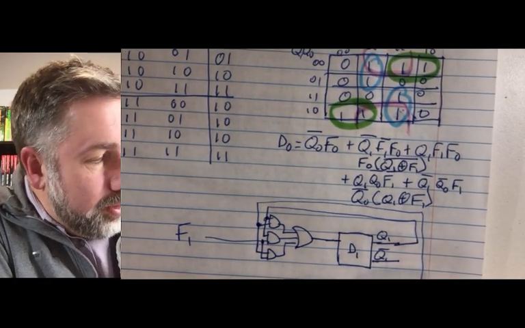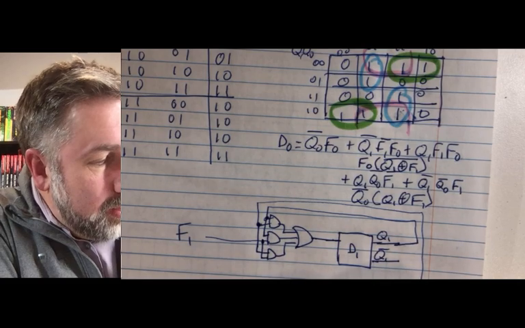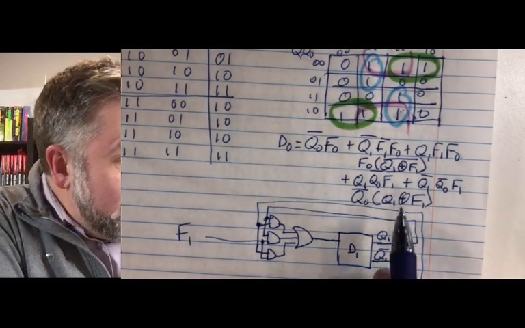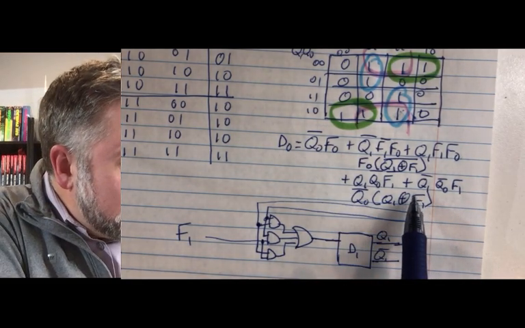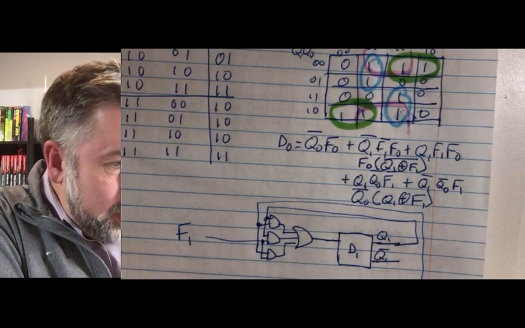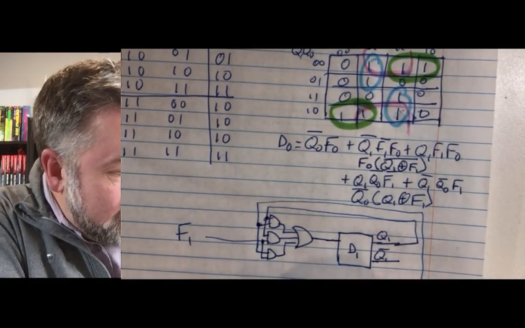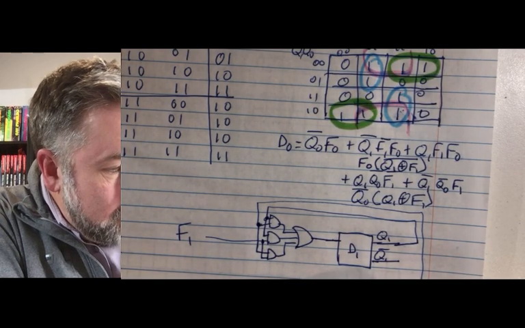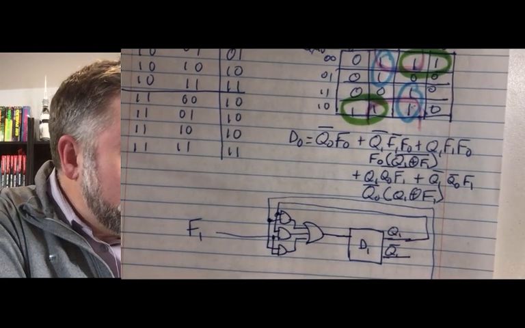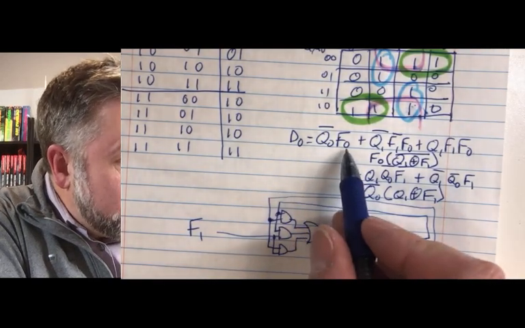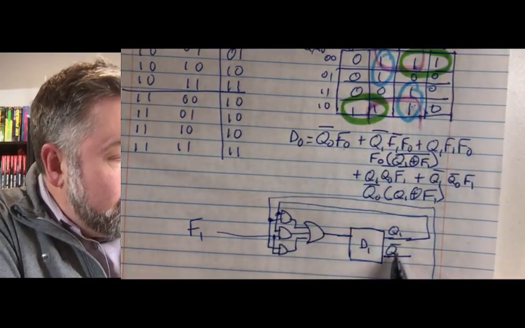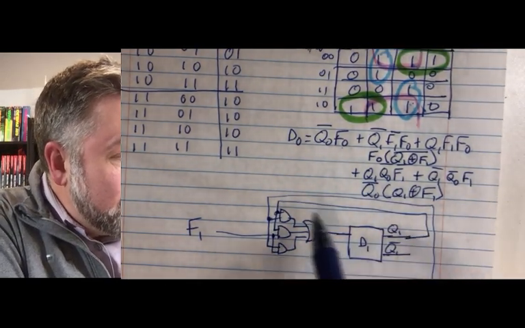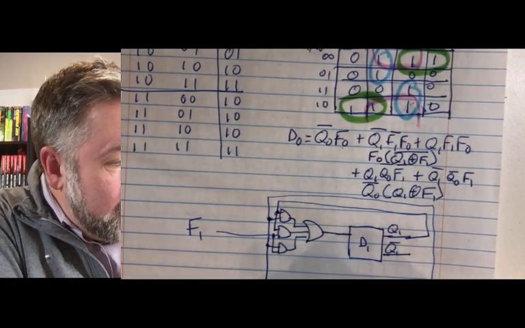D0 is a bit more involved. Again, there's going to be an OR gate, and that OR gate is going to have 3 terms, which are going to be actually 3 ANDs again. The first AND is going to be Q0 prime F0. Now I could pull Q0 prime here, but it might be just easier to pull it from here and then invert it.